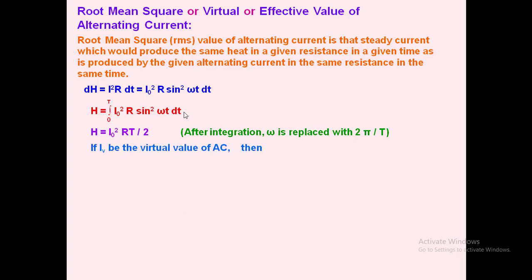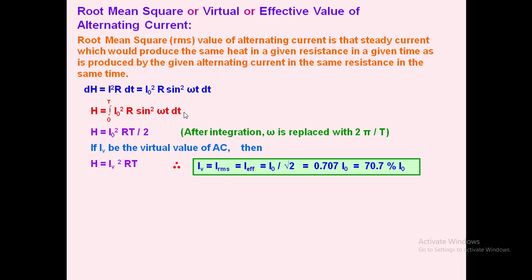If IV be the virtual value of AC, virtual means root mean square value, then H equal to IV square R into T, because we are determining it for one complete cycle.